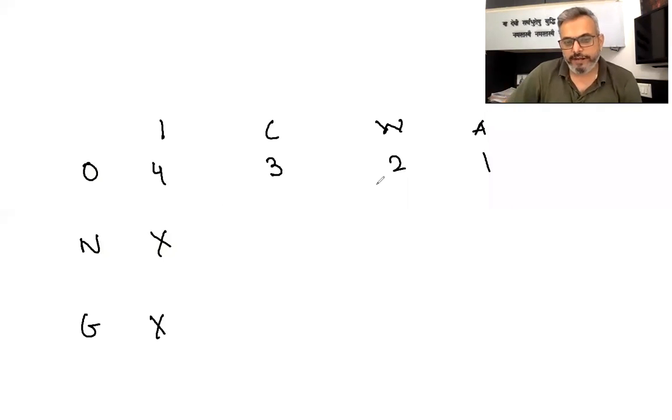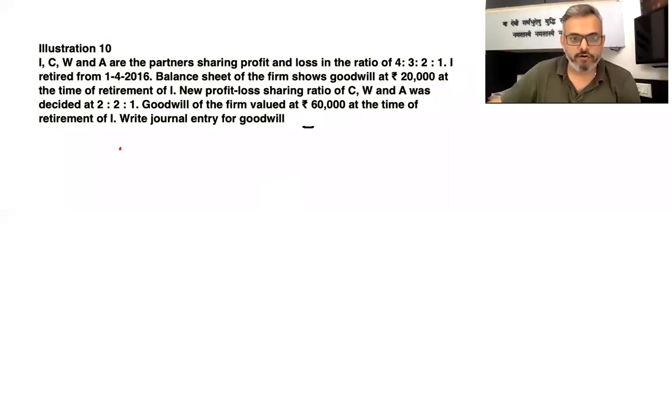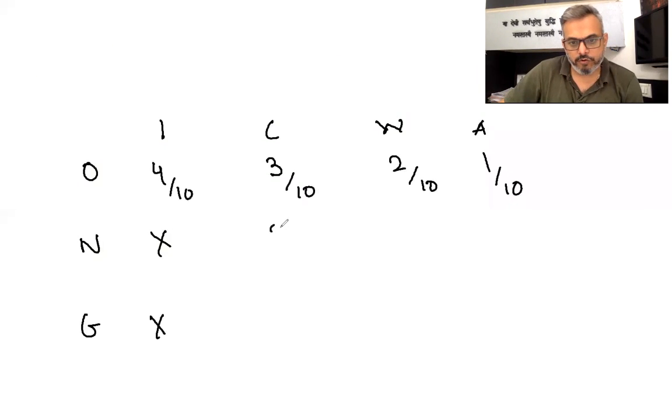Now 4, 3, 2, 1, 4 and 3, 7 and 2, 9 and 1, 10. So 4 by 10, 3 by 10, 2 by 10, 1 by 10. New ratio is also given to us, and the new ratio is 2 is to 2 is to 1.